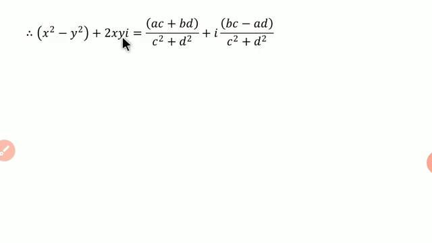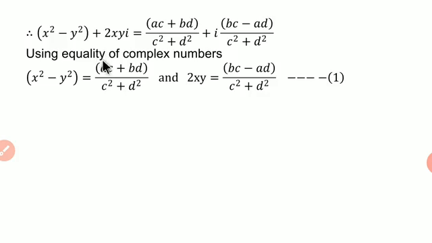Now use again the equality of complex numbers, and so we get x square minus y square is equal to (ac plus bd) upon (c square plus d square), and 2xy is equal to (bc minus ad) upon (c square plus d square). We call both as relation number 1.